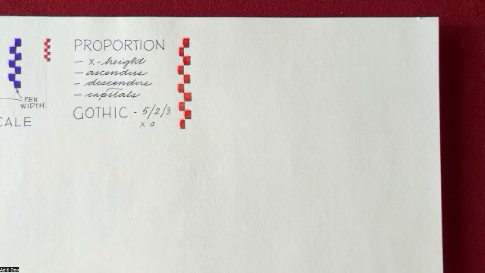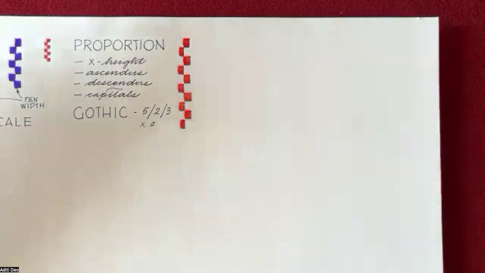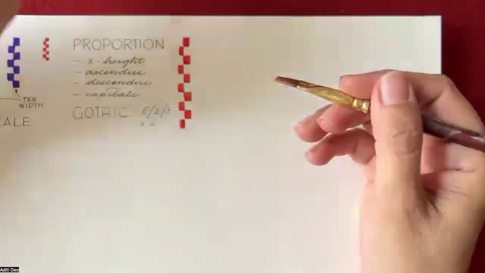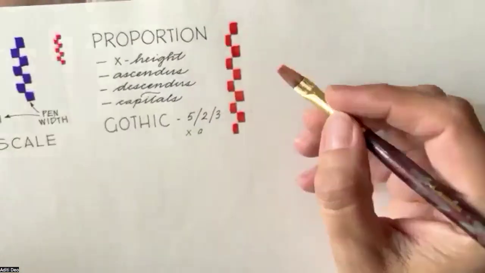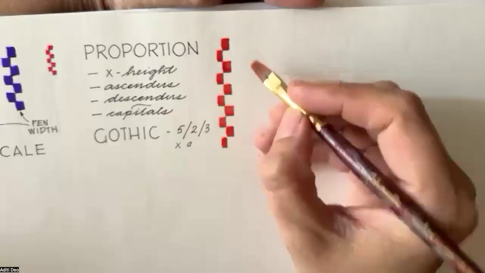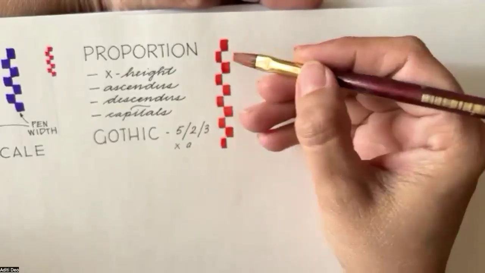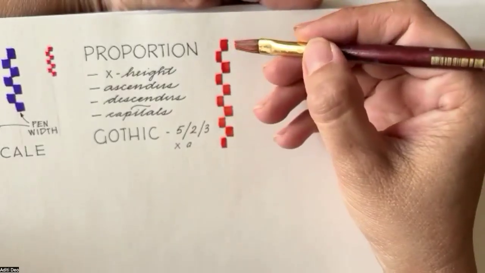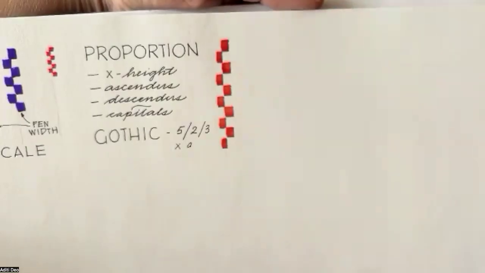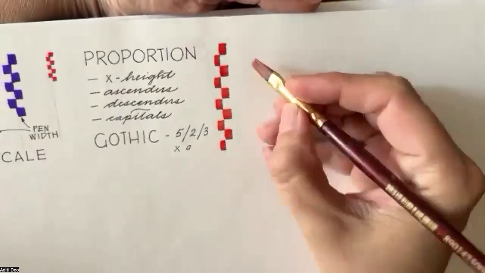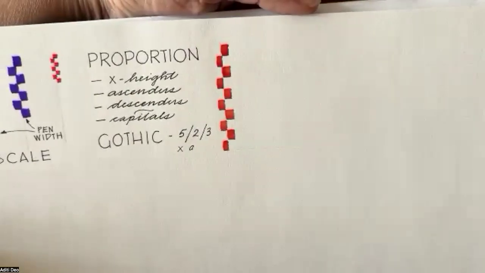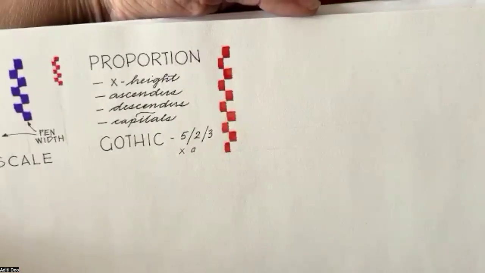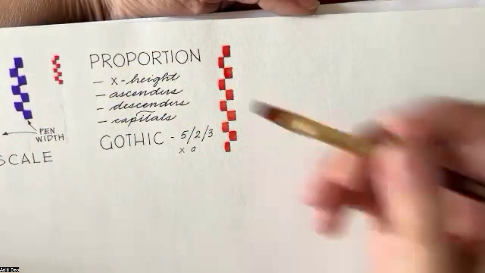Now the next thing to do is, when you're writing with your pen, you have to maintain a certain angle, and this angle should be 45 degrees. Right now we made a scale by keeping the angle at 90 degrees, but this is the angle that we want to keep when we are writing. So don't change your tool now.